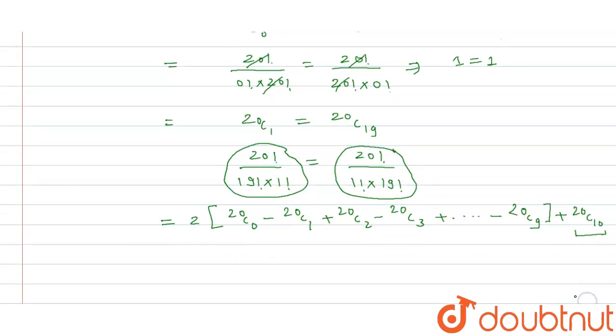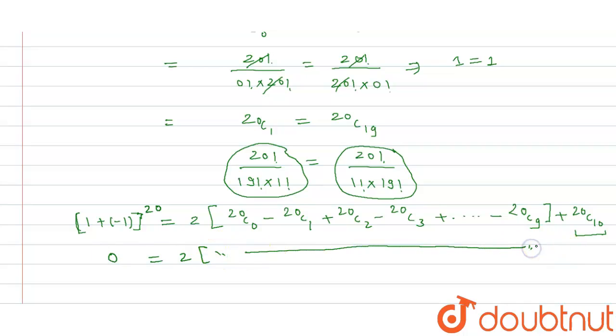So I am writing here (1 plus x), at the place of x I am writing minus 1, whole raised to the power 20, because n is 20. So 1 plus minus 1 will be equal to 0, which equals 2 times the same things, I am not writing, it will be similar to this, plus 20C10.